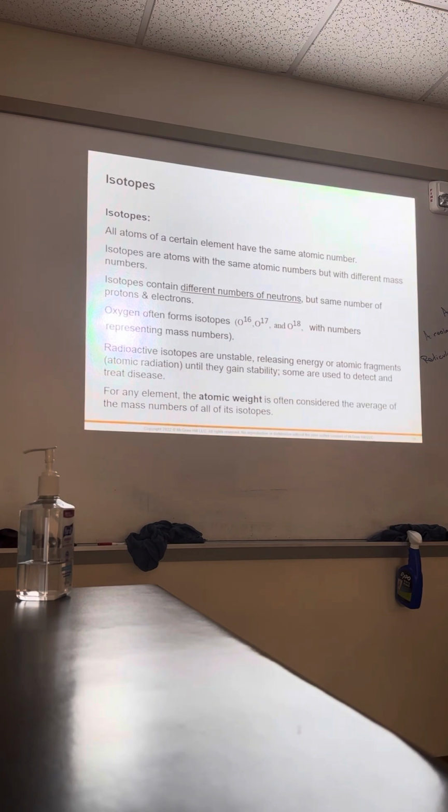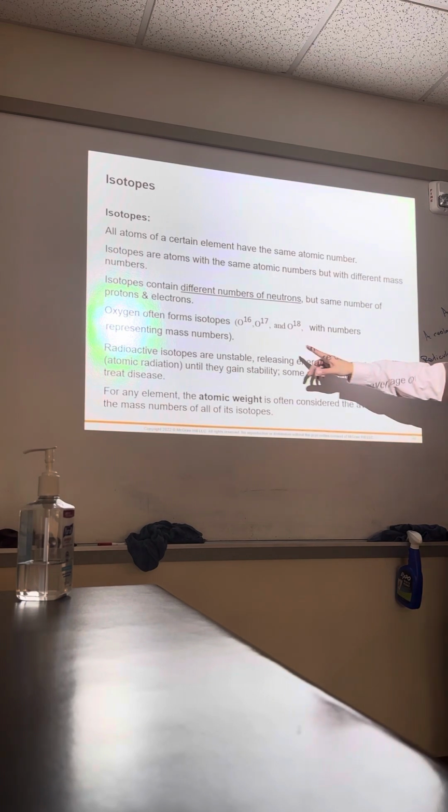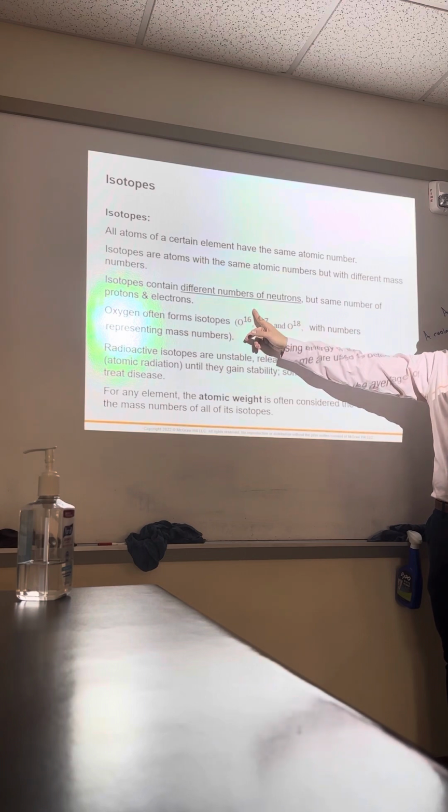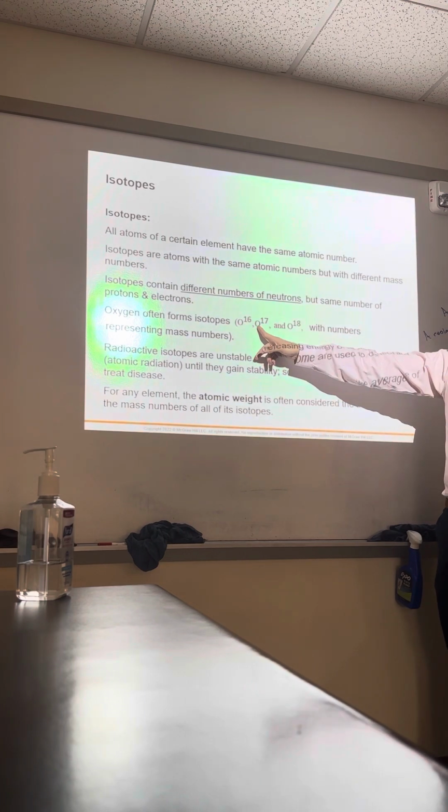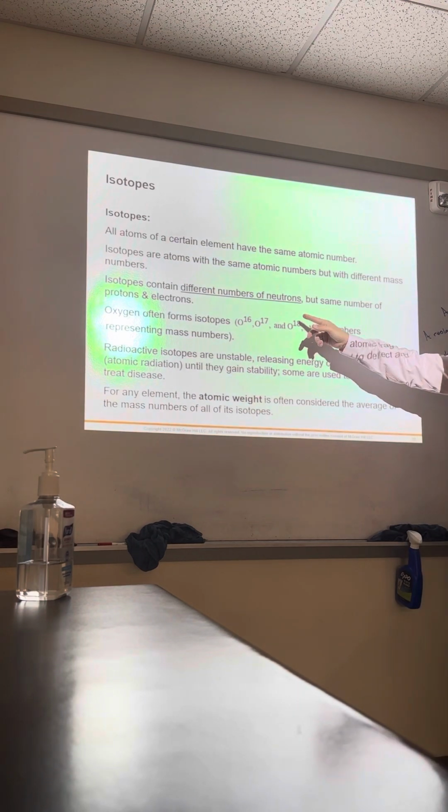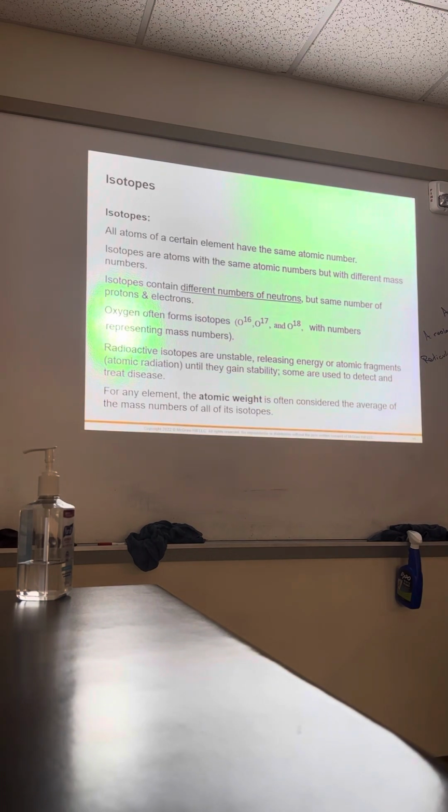The example they gave was, I think, oxygen. Oxygen has a number of isotopes. Right? So there's O16. This is just referring to the mass number. They have O17 and O18. They're all oxygen because they all have 8 protons in the nucleus, because the atomic number of oxygen is 8.